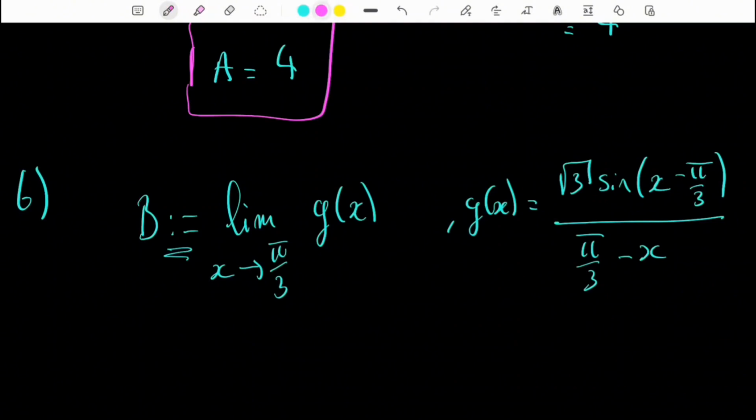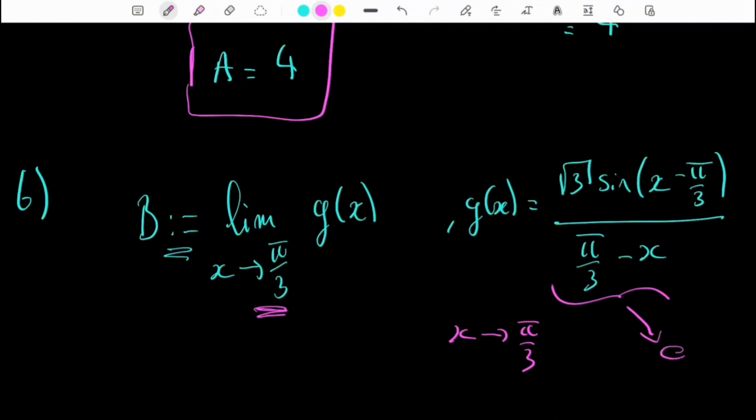So here, just look at the value we want to tend to. So pi over 3. Have we got a problem with j of x? Of course we have a problem, because when x tends to pi over 3, this tends to 0.